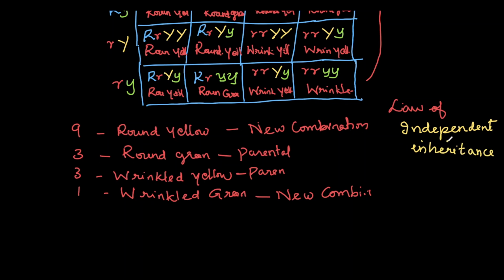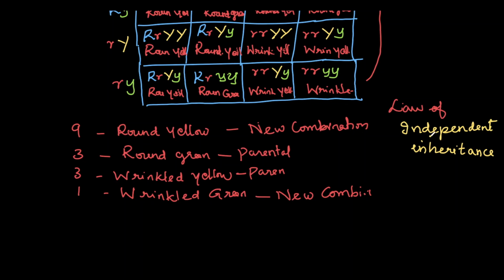The law of independent inheritance, or law of independent assortment, states that the inheritance of one character is independent of that of another character. So the inheritance of one character, like round yellow, is independent of the inheritance of the other character, like wrinkled green. This is what is proved in this dihybrid cross.